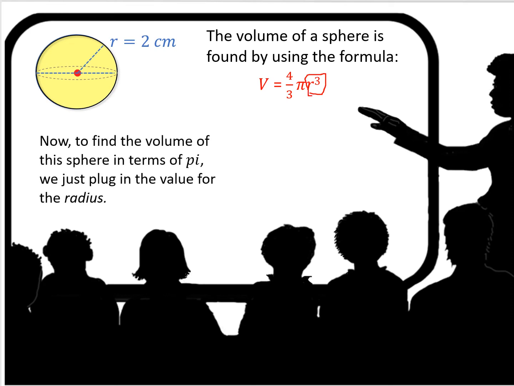Now to find the volume of this sphere in terms of pi, we just plug in the value for the radius. And we find that the volume of this sphere in terms of pi is 8 pi centimeters cubed.